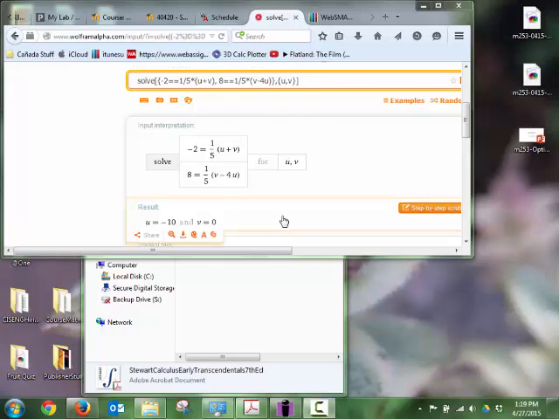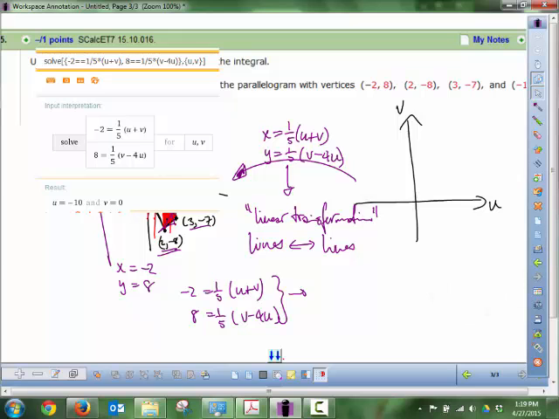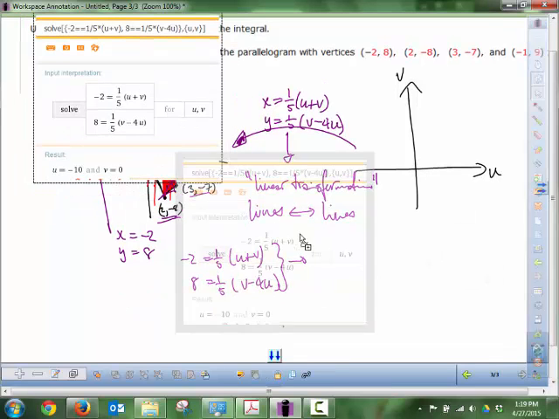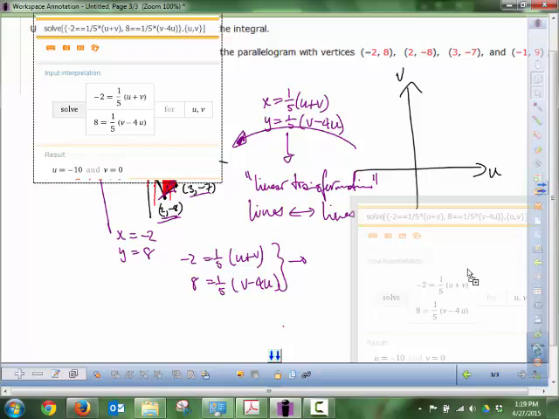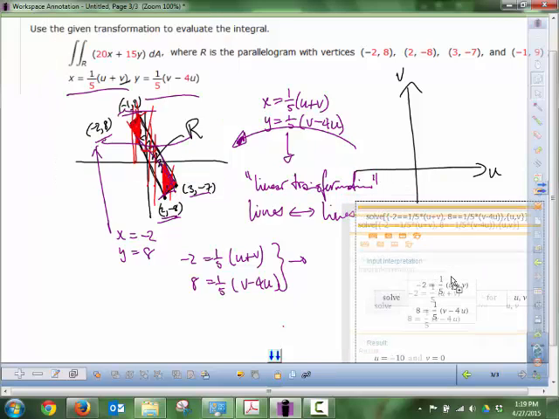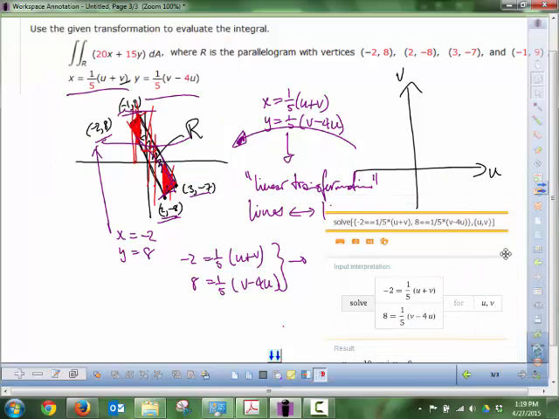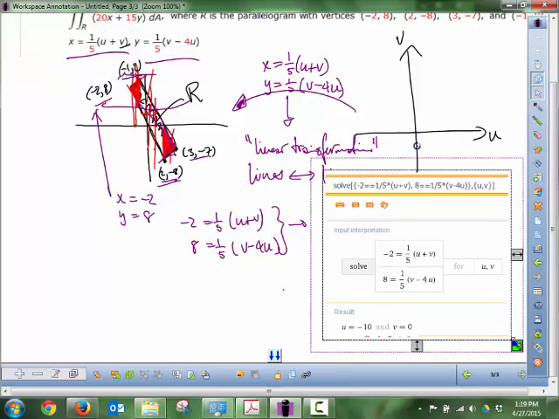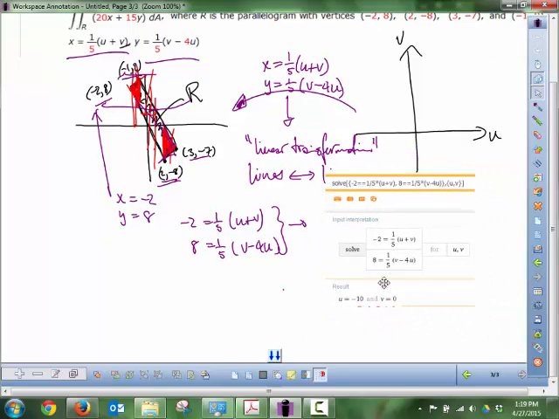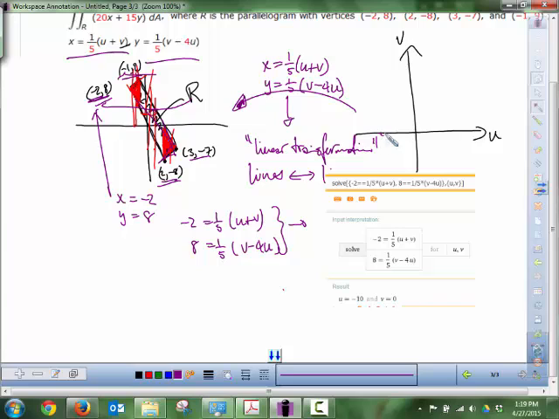And the result is -10, 0. So that means this point over here goes to -10, 0. And that's where 2, 8 came from.